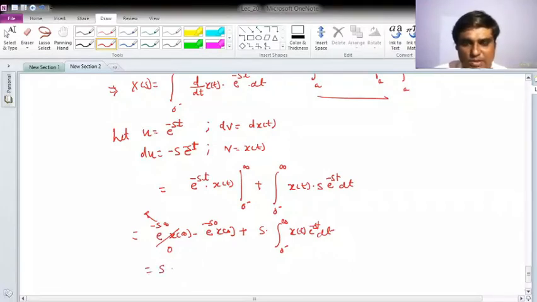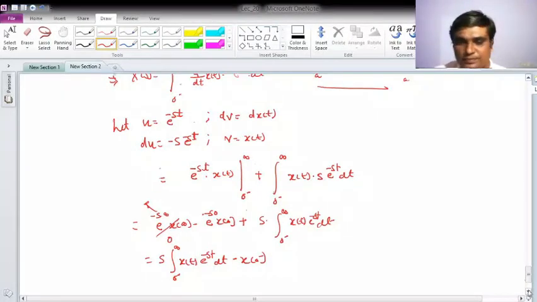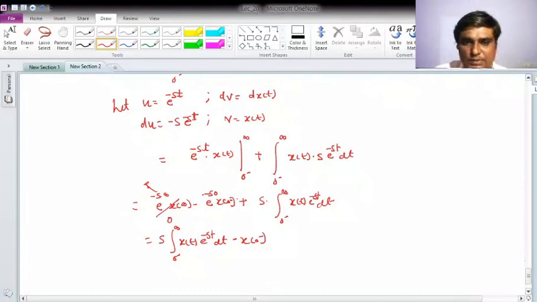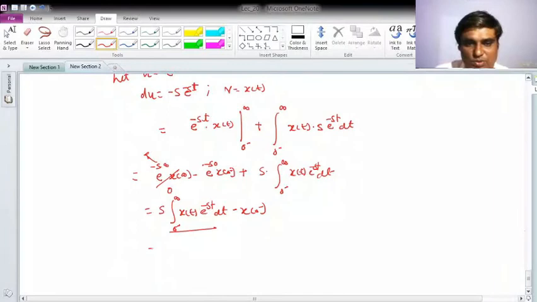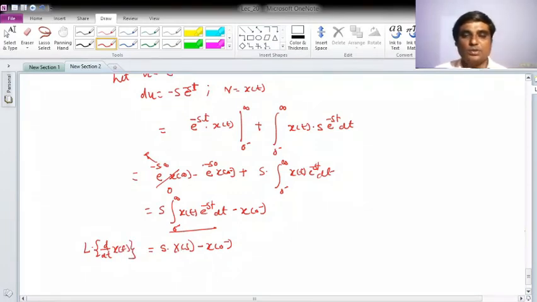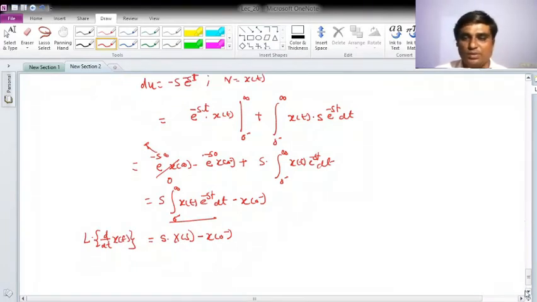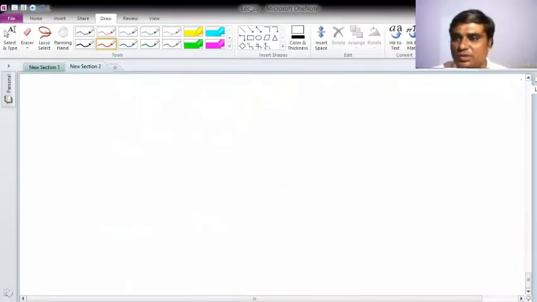So it will be s times the integral from 0 negative to infinity of x of t e raised to minus st dt, minus x of 0 negative. This is again my standard Laplace transform pair. So I can write s into X of s minus x of 0 negative. So the Laplace transform of d dt of x of t will be s into X of s minus x of 0 negative.